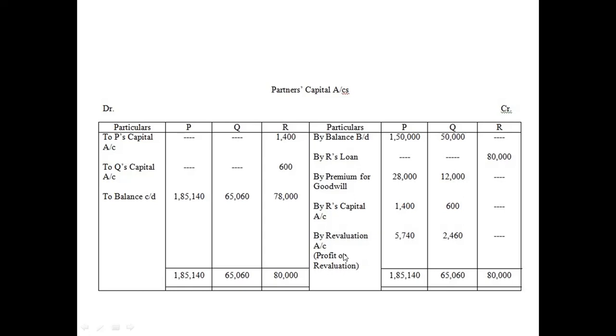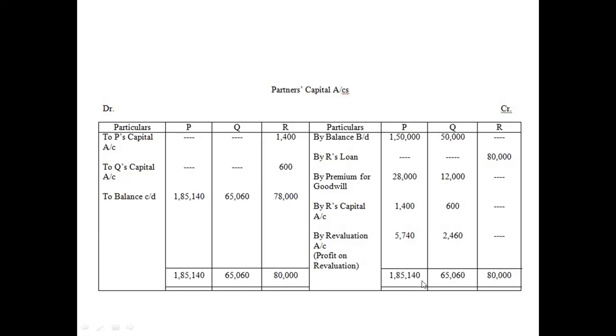If it was a loss on revaluation, we would write on the debit side. So by revaluation account, 5740, 2460 for P and Q respectively. Sometimes we can write by profit on revaluation also directly.